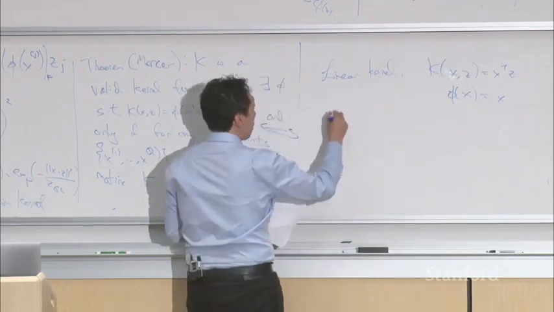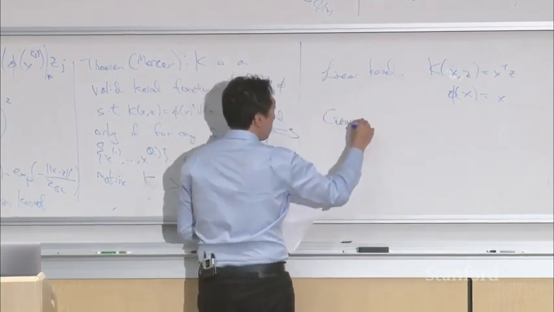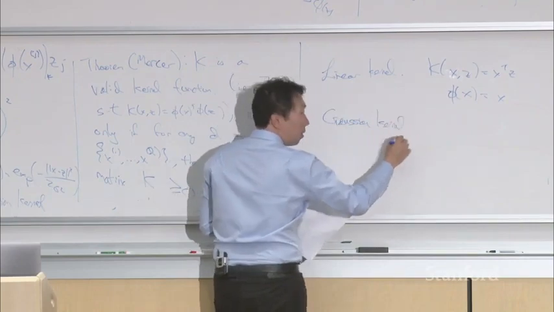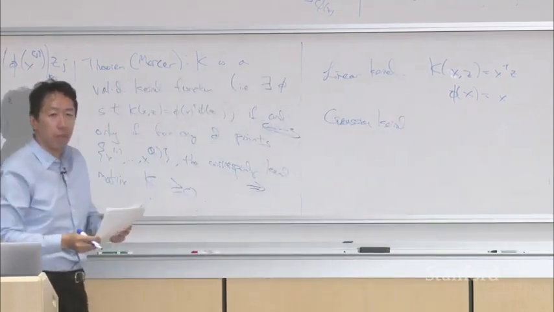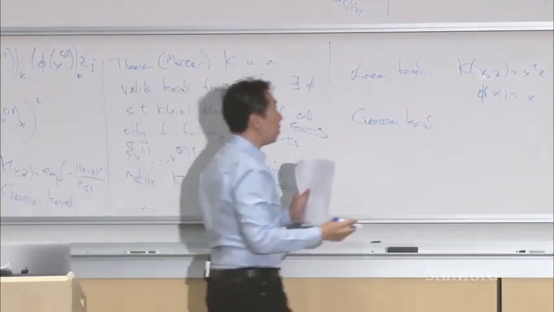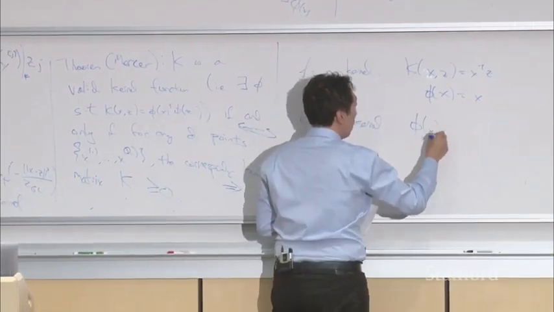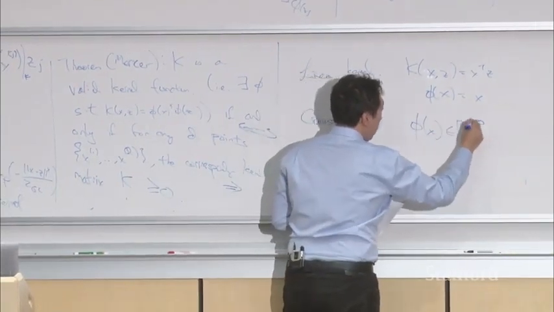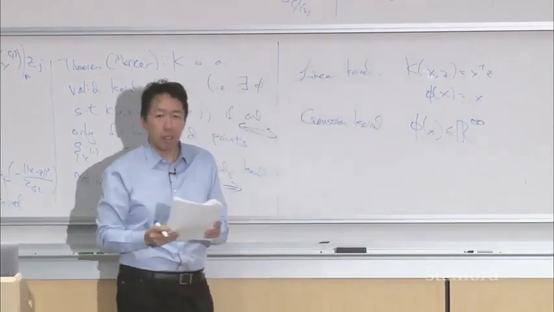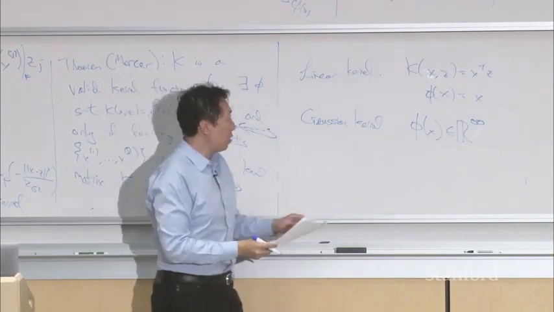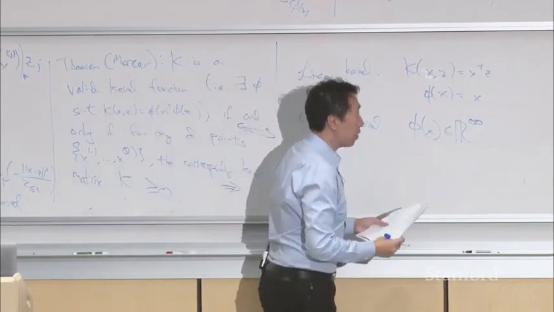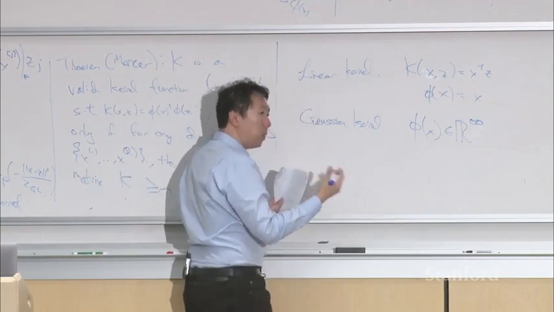But after the linear kernel, the Gaussian kernel is probably the most widely used kernel, the one I wrote up there. And this corresponds to a feature space that is infinite dimensional, right? And this particular kernel function corresponds to using all monomial features.